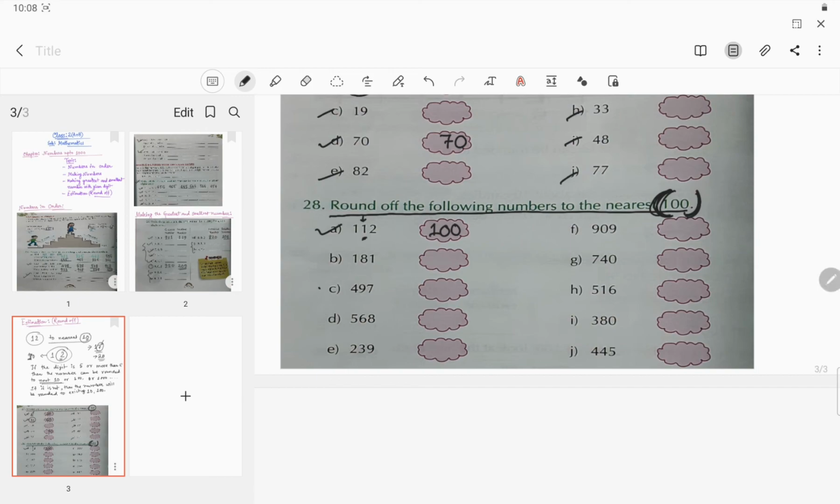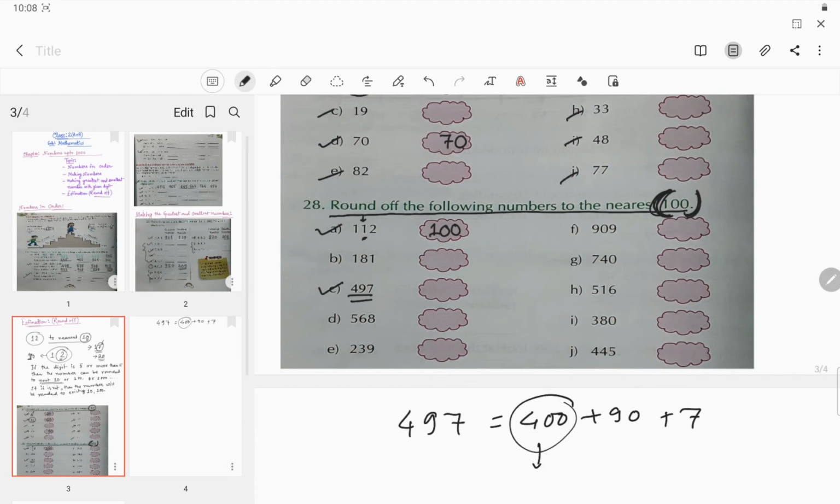If I select the C question, it is given 497. 497 means 400 plus 90 plus 7. So existing 100 is 400, right? And the next 100 is 500.